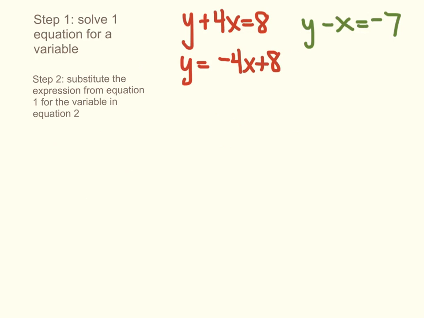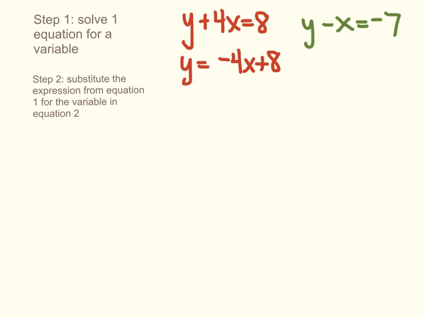So now it's important to remember that at some point these y's are going to be exactly the same, and so are these x's. So because these y's are the same thing, we can substitute the expression from equation 1 for the variable in equation 2.